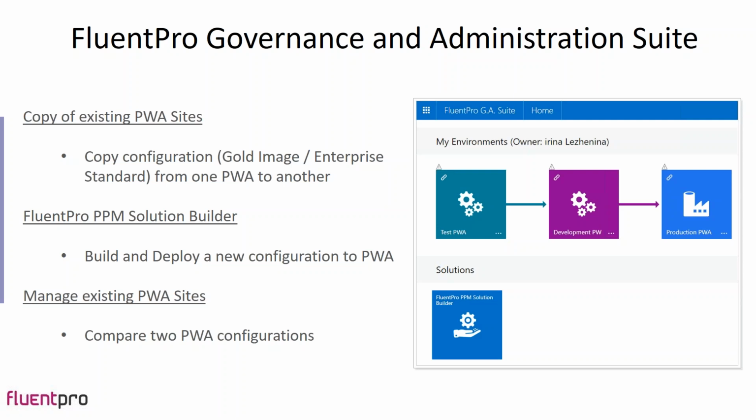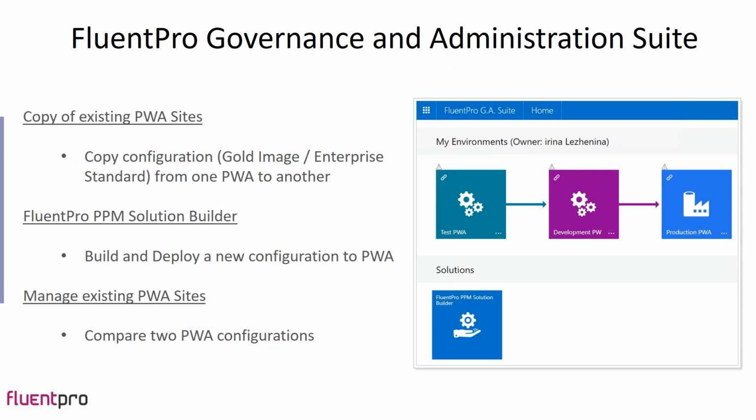It can also help if your organization only starts working with Project Online and you don't have the gold image at all. You can use G Suite Solution Builder in this case, using which you can easily deploy the initial PWA configuration to multiple PWAs at once.